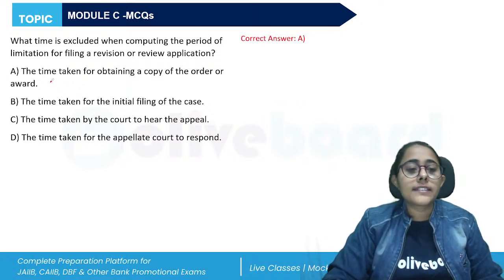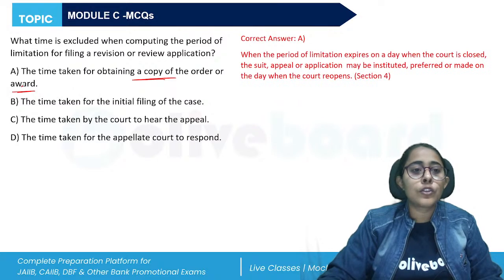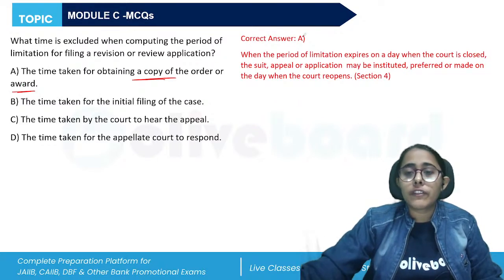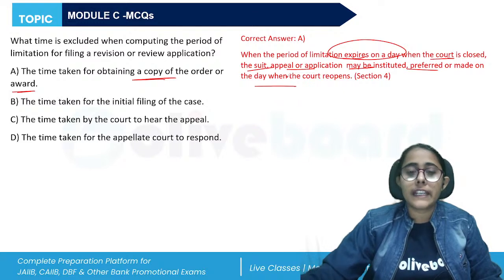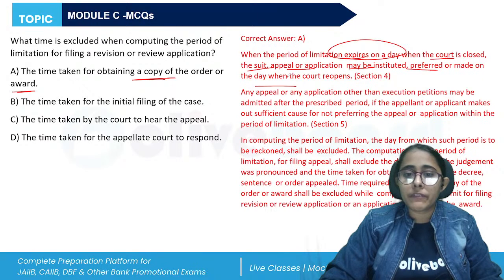The time that is taken for obtaining a copy of the order or the award is excluded from the period of limitation. So when the period of limitation expires on the day when the court is closed, the suit, appeal, or application may be instituted, preferred, or made on the date when the court reopens. An appeal or any application other than execution petitions may be admitted after the prescribed period if sufficient cause is provided for not preferring it.